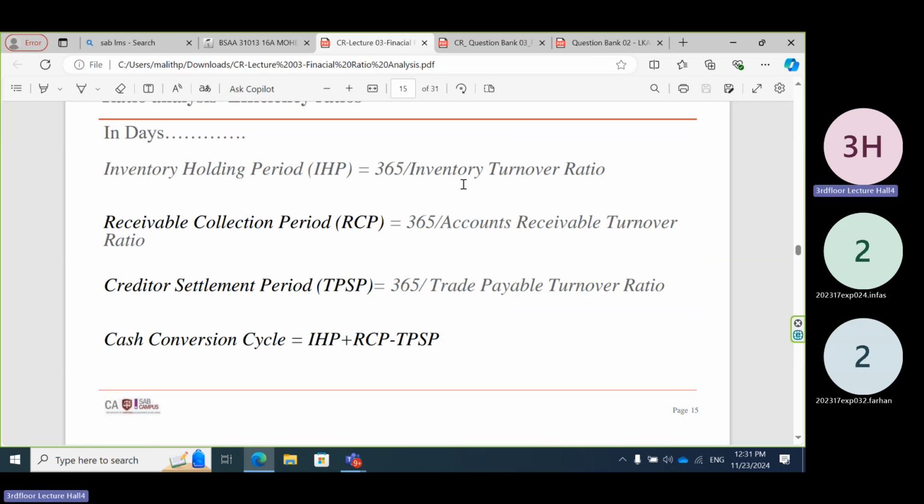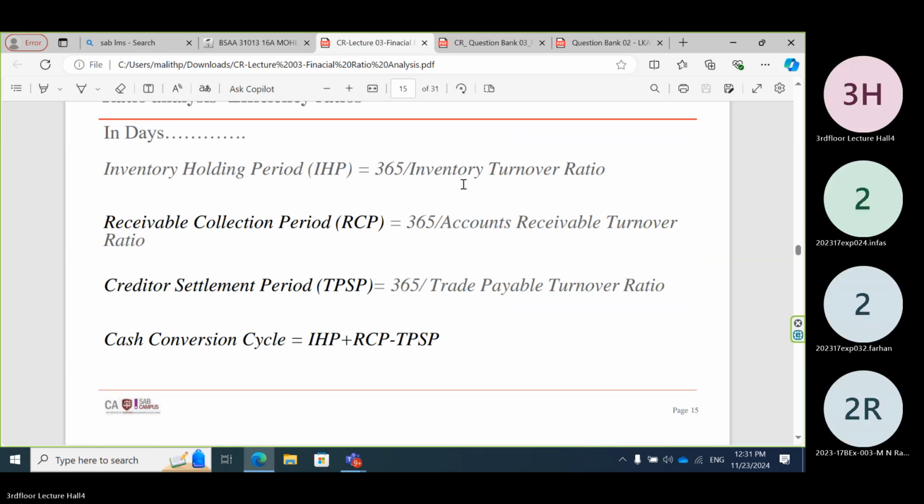We are calculating the cash conversion cycle. It means the operating cycle, within this cycle, the number of days you will take to convert to cash. If you have an inventory item today, which date are you going to convert it to cash?